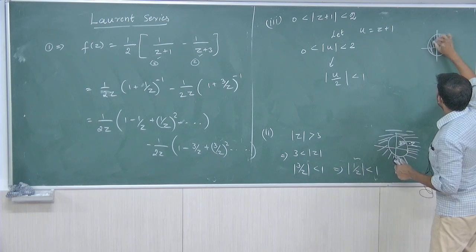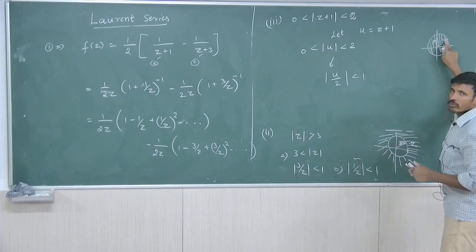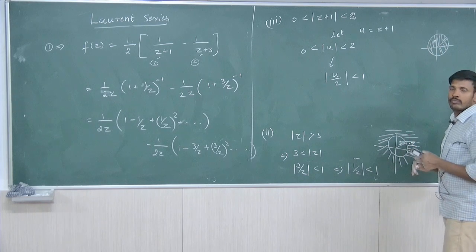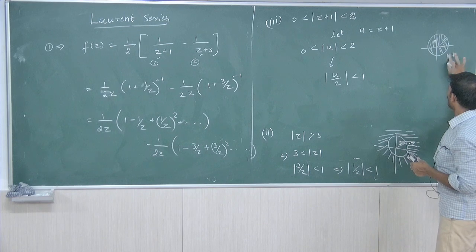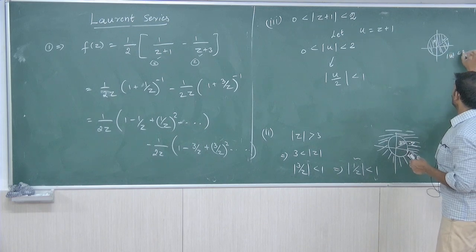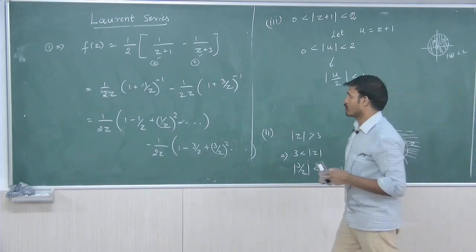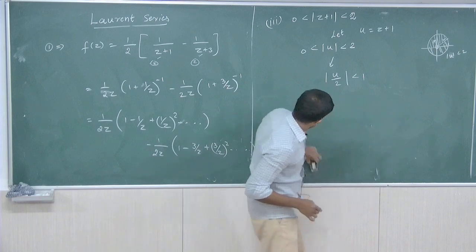Then what is u by 2? It also lies inside the region modulus u less than 2. Here 0 is not included, most important.